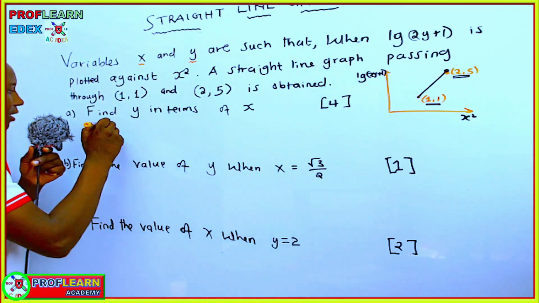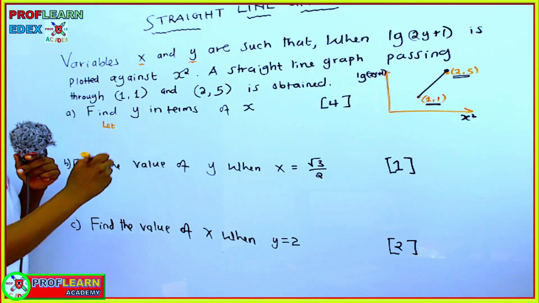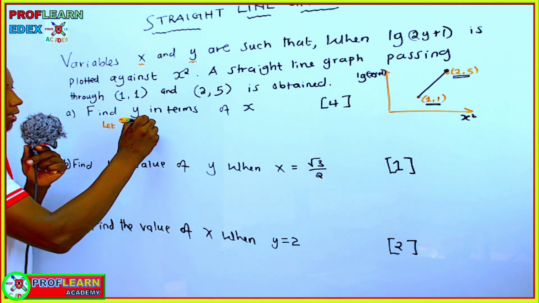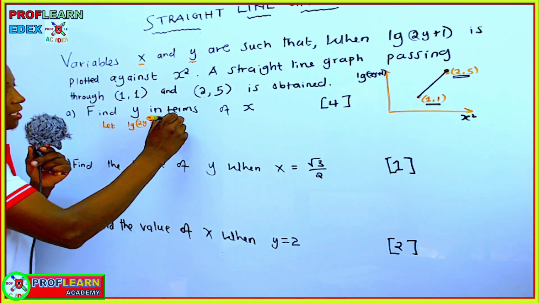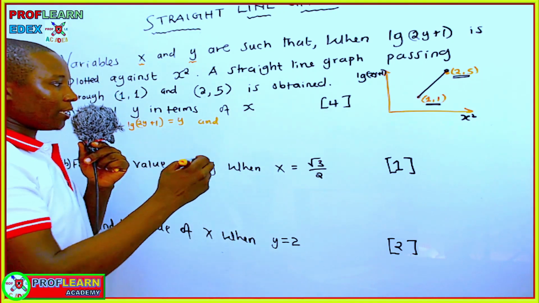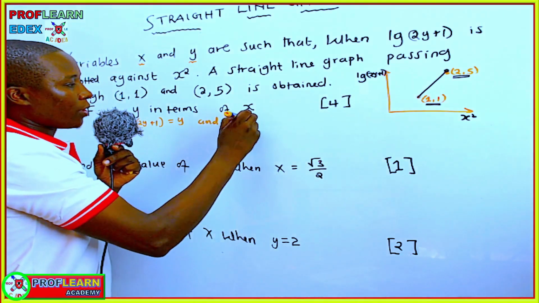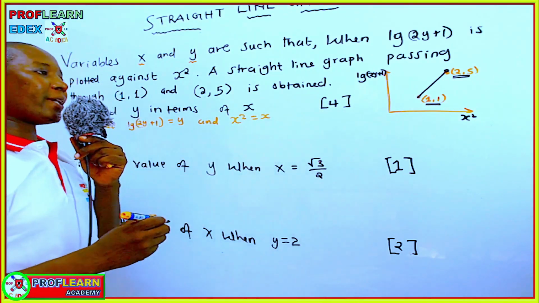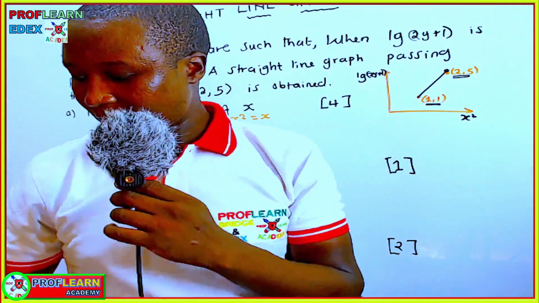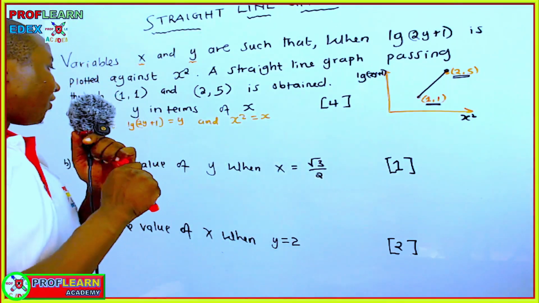So we're going to say let log 2y plus 1 be equal to y, and we are also going to say x squared is represented by x, so that we can know what is the value of x and what is the value of y.